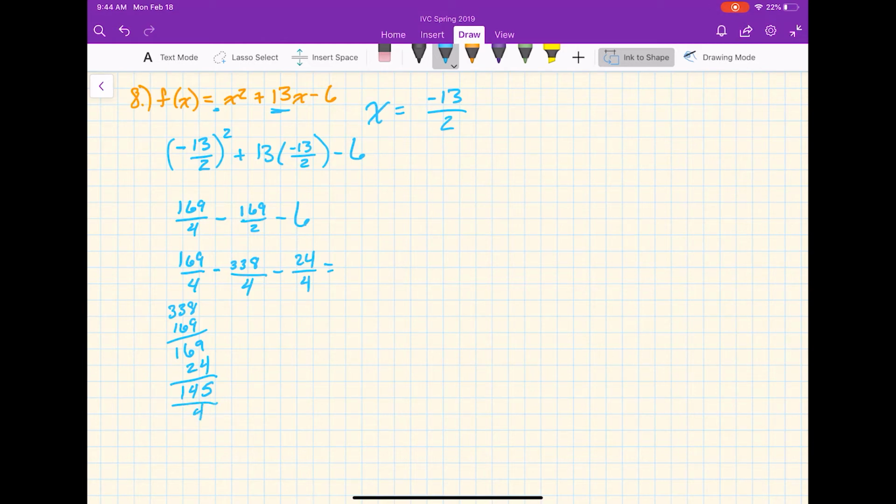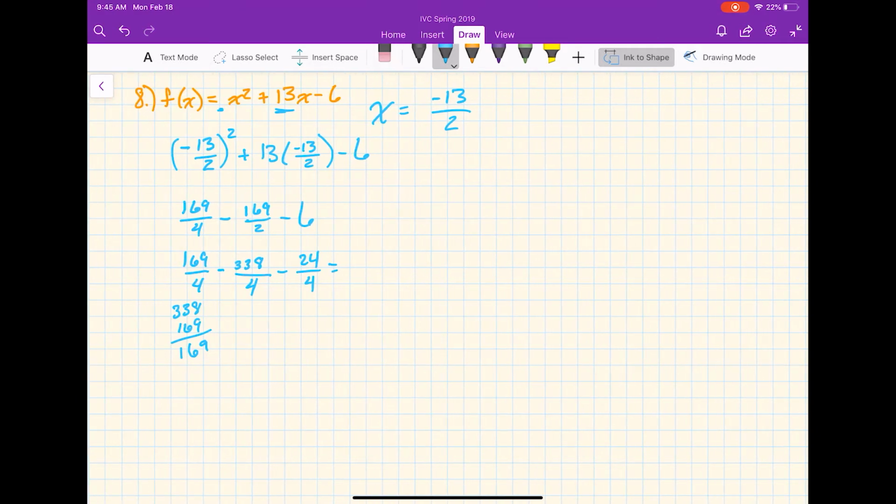Get the eraser out here. Okay, so I'm at negative 169, and I am subtracting another 24, so really I'm adding to this number, so it should be 193.